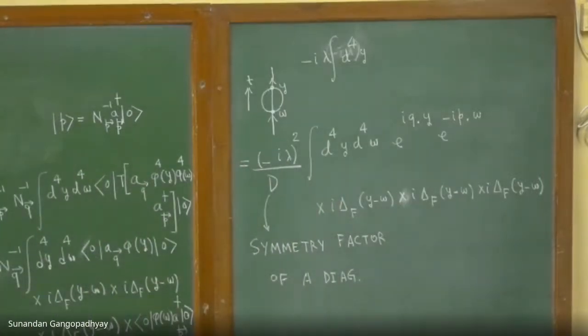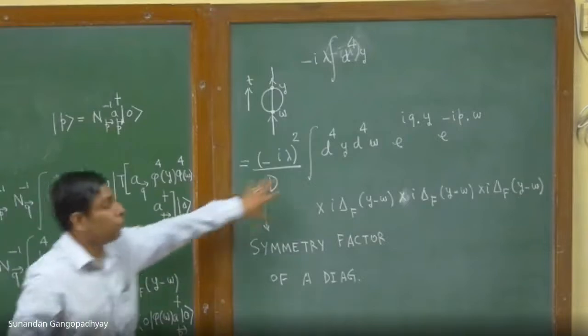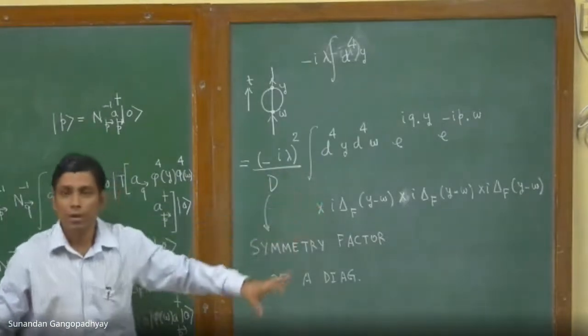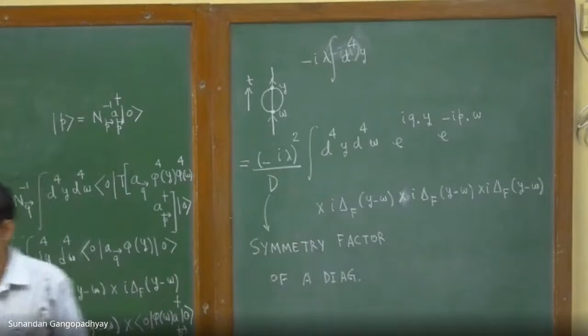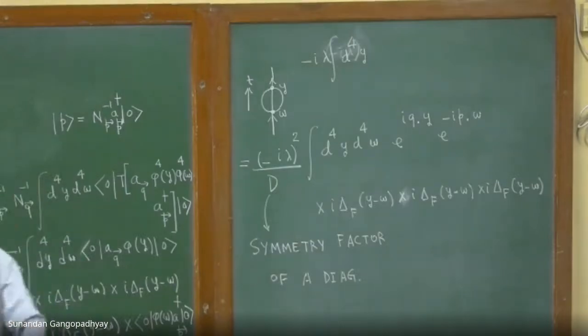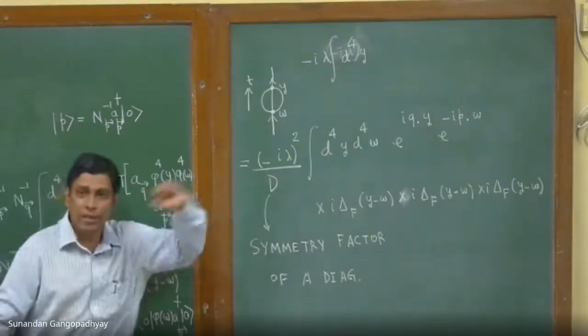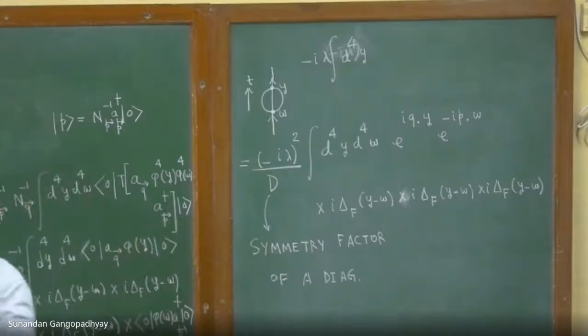So you have to divide by a number, and that number here is actually 6. So what is the rule to get the symmetry factor? There is a rule, and you can actually derive that rule from combinatorics, but we shall not do it now, but we shall give you the Feynman rule corresponding to the symmetry factor, how to get the symmetry factor.